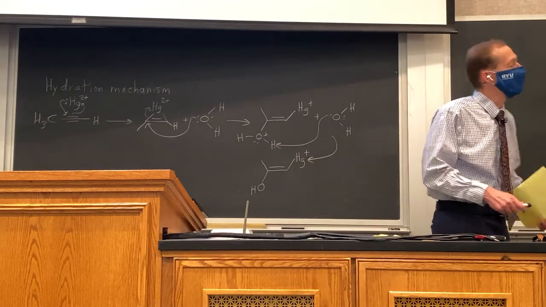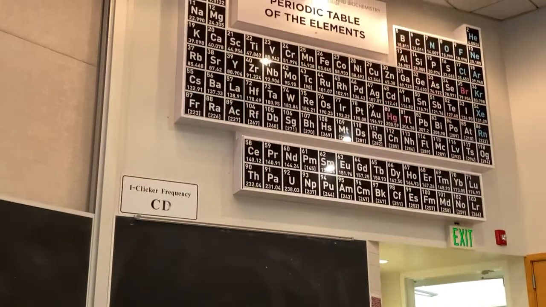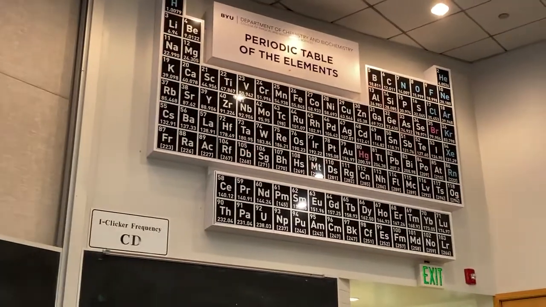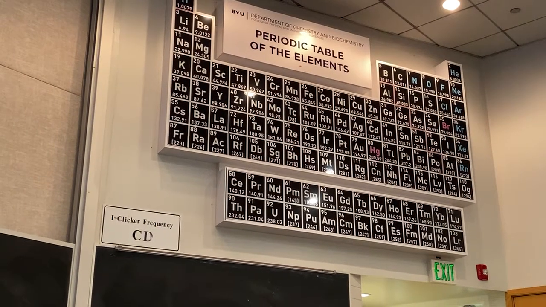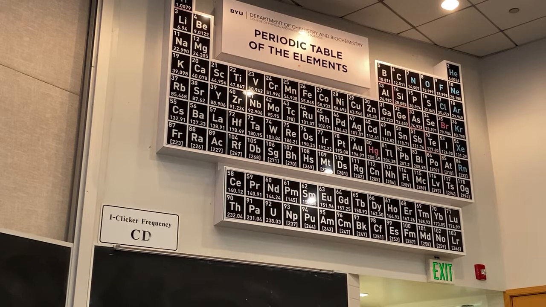So if we look over here at our periodic table and we look at the position of mercury, we see that it's kind of on the right side of the transition metals. So transition metals are stable as cations, but because they are further down in the rows of the periodic table, they also have d electrons.